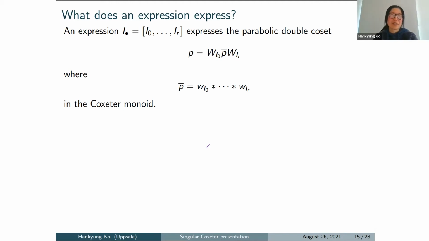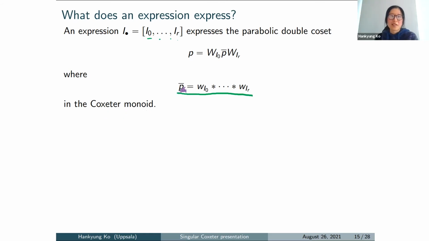If you have an expression I flat, it expresses a parabolic double coset, and to determine this parabolic double coset, you take the respective longest elements in the parabolic subgroups generated by these subsets, and you multiply them in the Coxeter monoid.